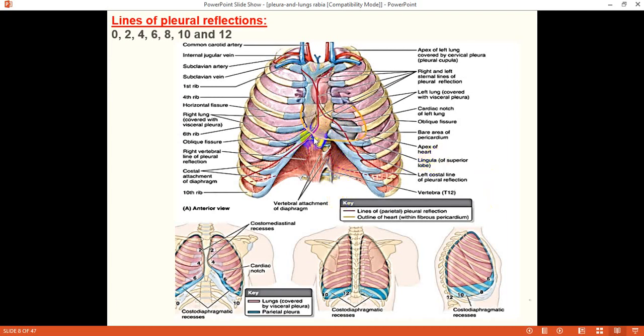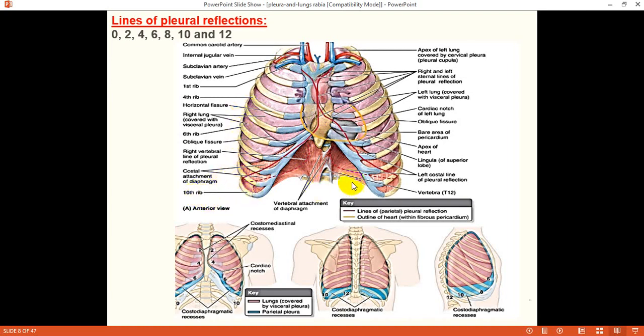Tracing inferiorly from the right sternal line, we start from anterior midline, and the costo-diaphragmatic line of reflection starts here, and then in the mid-clavicular line it lies at the level of 8th rib, and then here on the mid-axillary line it lies at the level of 10th rib.